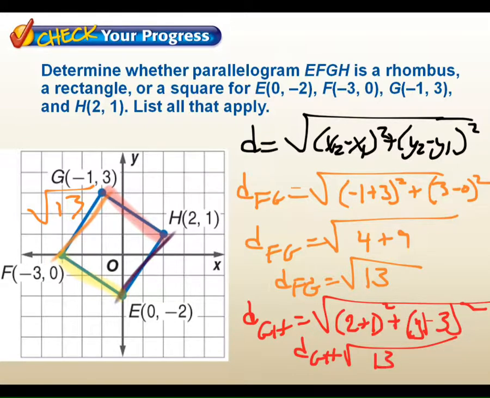It would also be square root of 13. So this is square root of 13. And then I would check the other two to see if they are the square root of 13. If they are all the same, okay. Again, this is a 1 here. I kind of messed that up. This is a 1. If they're all the same, then it's a rhombus.